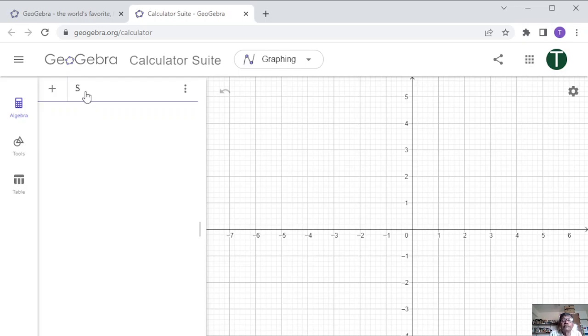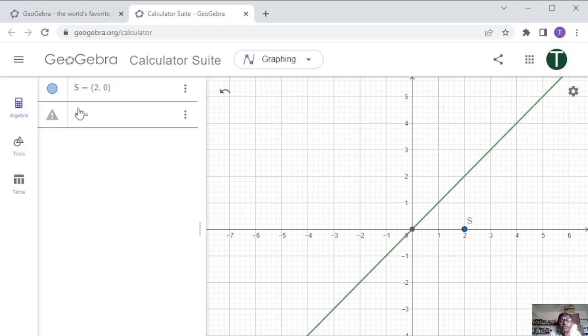Suppose we write the coordinate of the focus to be, say, (2, 0). We write that this is the focus of the parabola. Then we write down the equation of the directrix, which is known to be x equal to, say, minus 2.